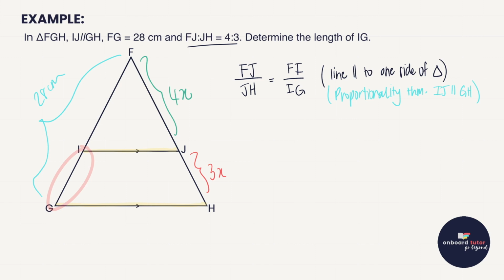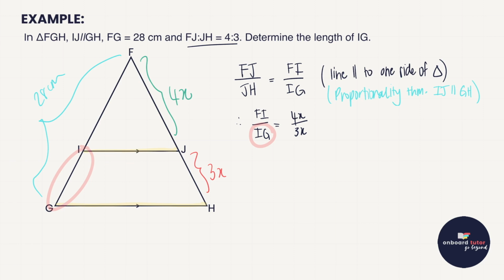And now we just need to work with this. So that means, therefore, that FI over IG is equal to 4x over 3x there. And I know that the full length there is 28. So I just want IG. This is my unknown thing here.